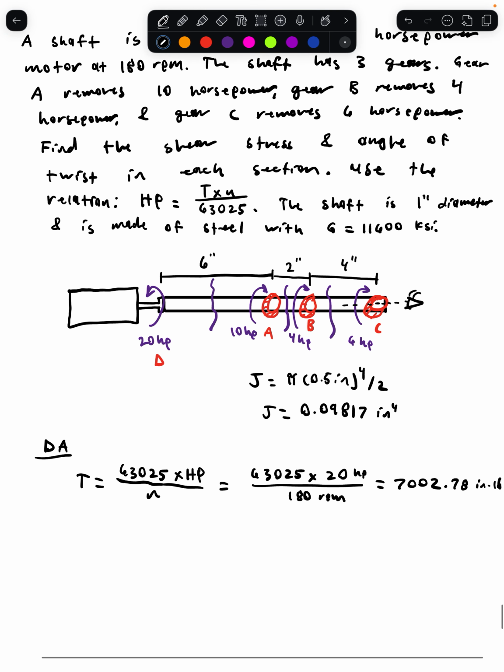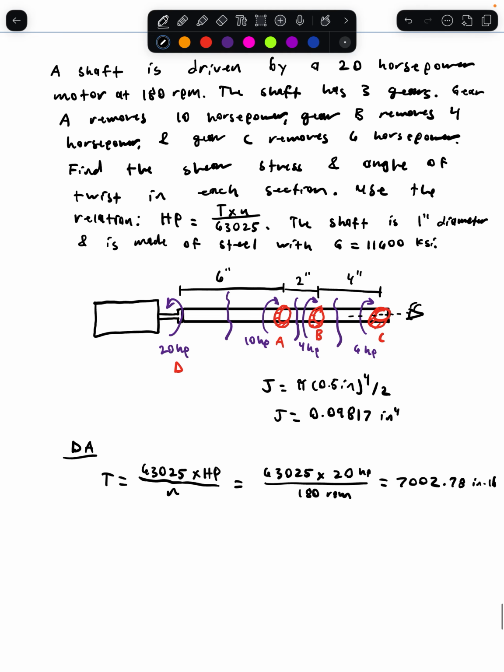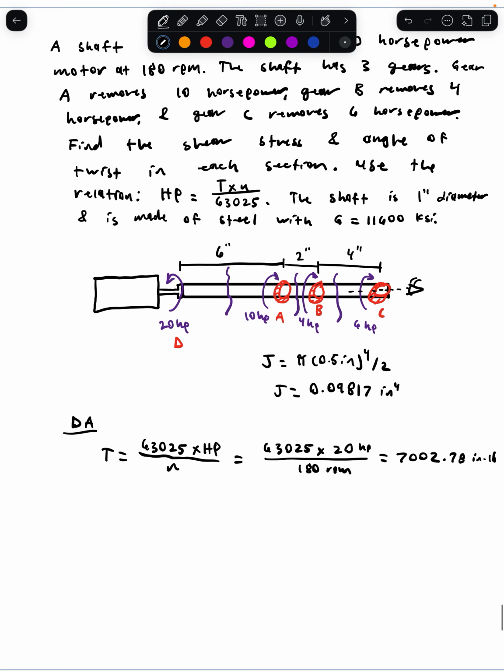I already mentioned this, but if you search for horsepower and click through a couple of them, you'll come to this page. It tells you what the units are for each of these. That's an important one to know how to look for, because the problem isn't going to give that to you. So the torque in section DA is 7,002.78 inch-pounds.